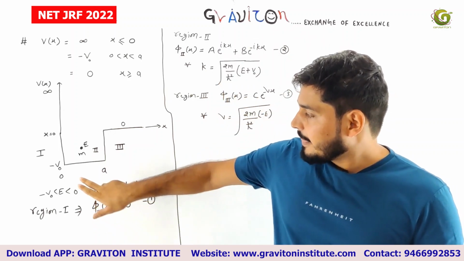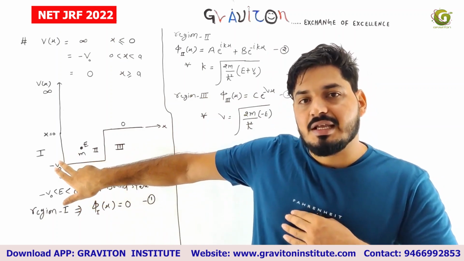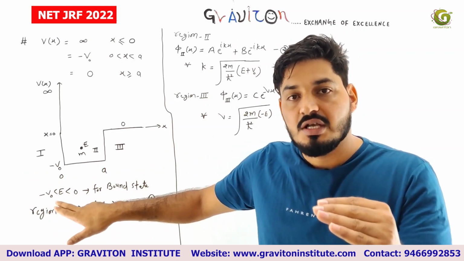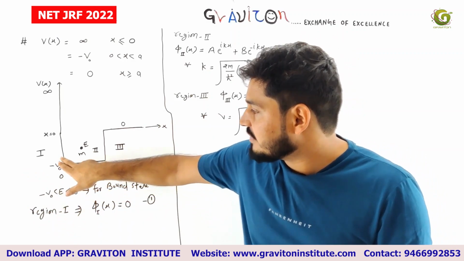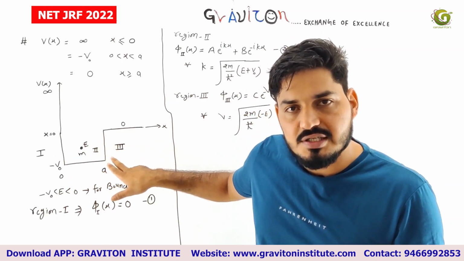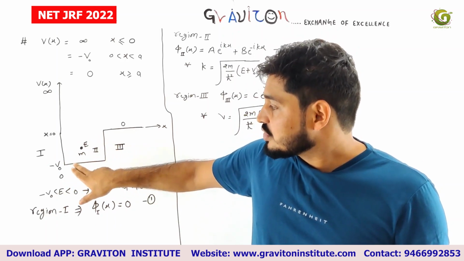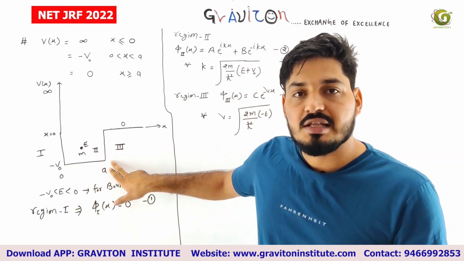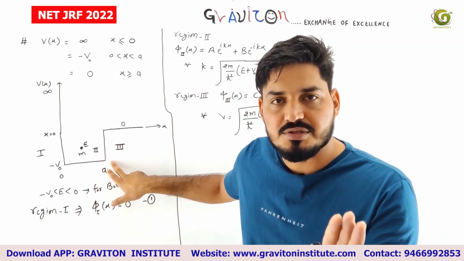So it must be continuous in region 1, in region 2, and in region 3, right? So can I say at x = 0 and at x = a, the wave function must be continuous.